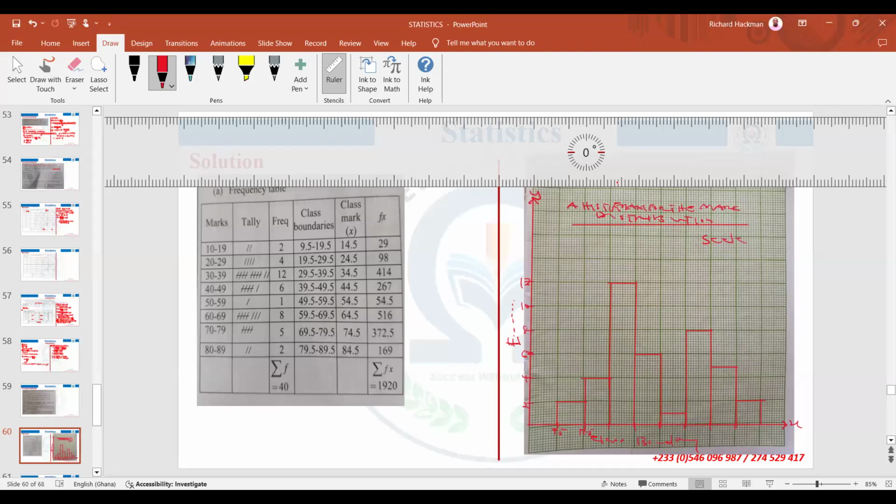And you write just the x-axis. For the x-axis you use 2 centimeters to 10 units. 2 cm to 10 units. Is that clear? And for the y-axis, we use 2 centimeters to 2 units.